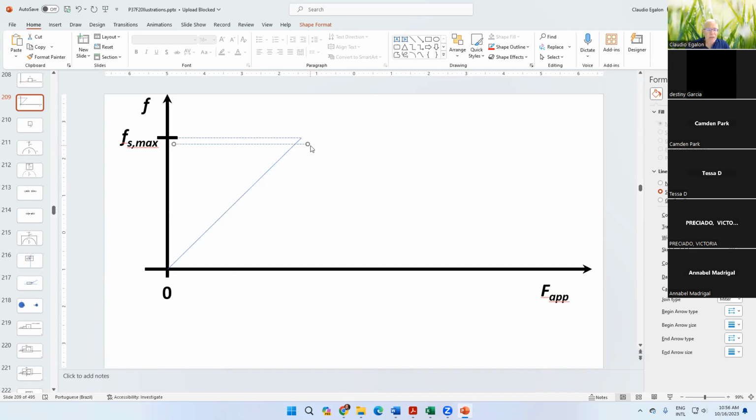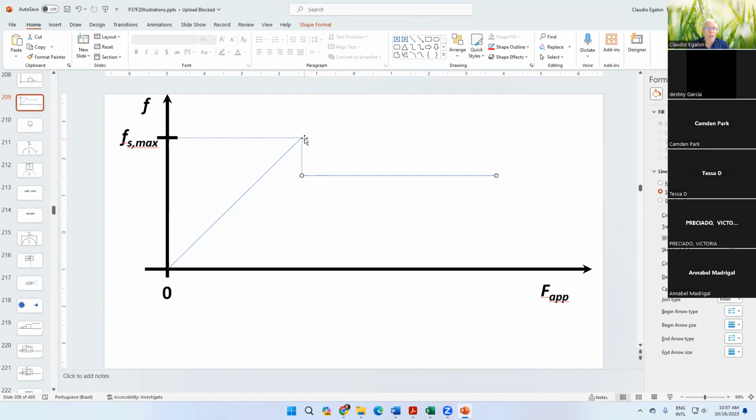If we exceed this maximum value, the force of friction decreases momentarily. The object starts to move. I'm going to go a little bit lower here, so you have enough space.